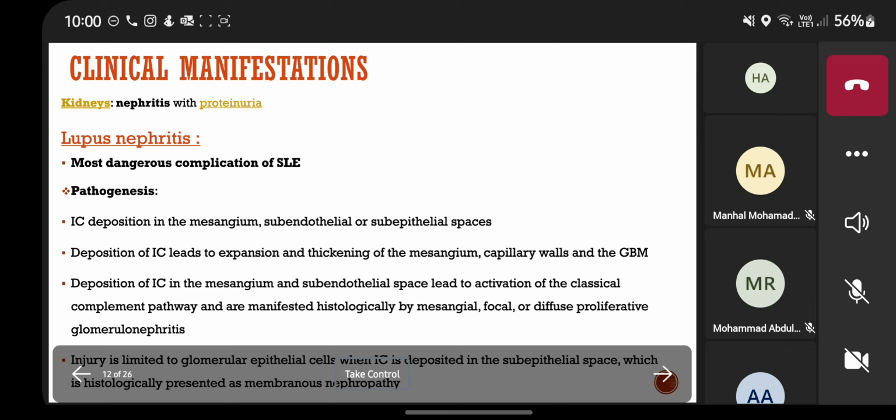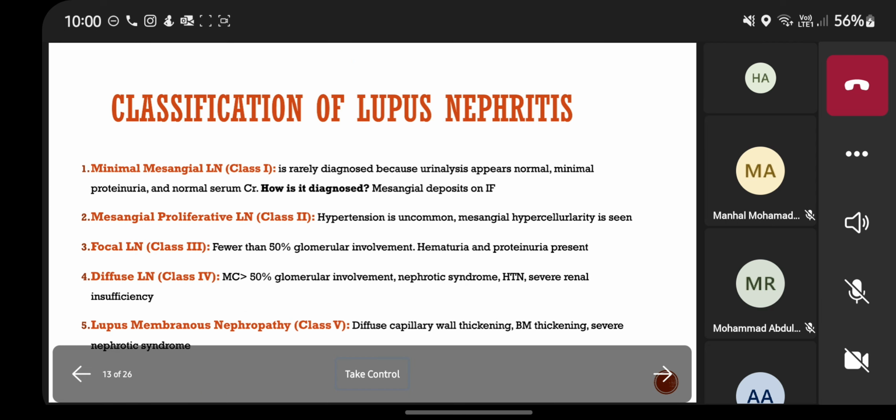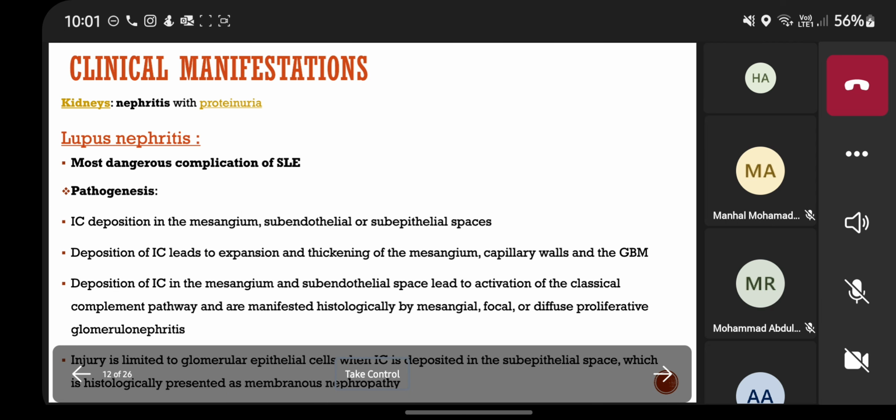Injury is limited to glomerular epithelial cells when immune complexes are deposited in the subepithelial space, which is histologically presented as membranous nephropathy. So deposition in the mesangium and subendothelial space is in communication with the vascular space, and that's why the complement pathway is activated here. Often it manifests as a nephritic syndrome.